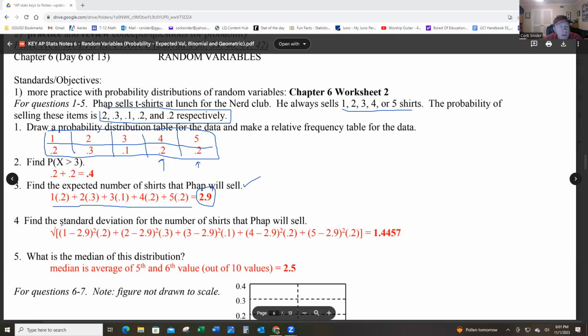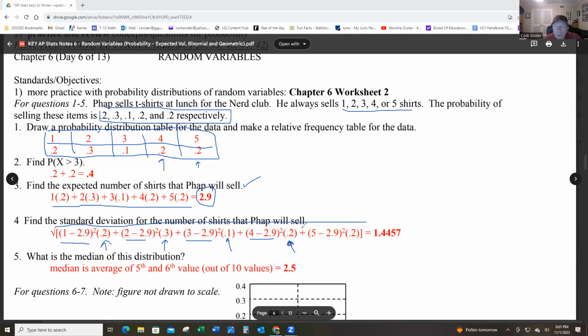Pretty simple. Now, the standard deviation is that giant square root. You take every number and subtract the mean and square it and multiply it by how likely that is. So you can see the arrows is the probabilities. The underline is every individual number minus the mean squared. This formula is actually consistent with the original standard deviation formula.